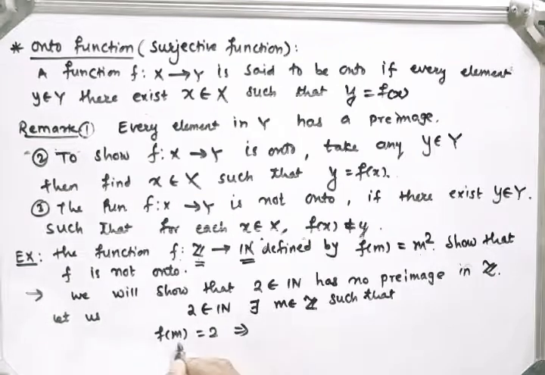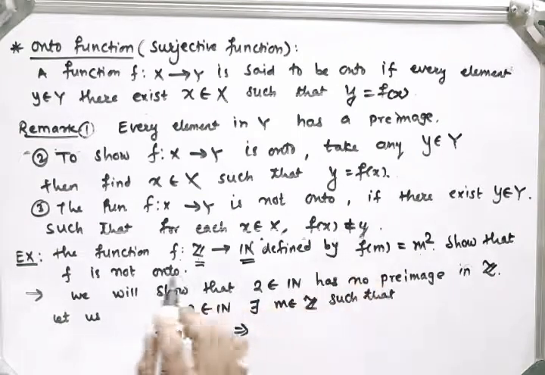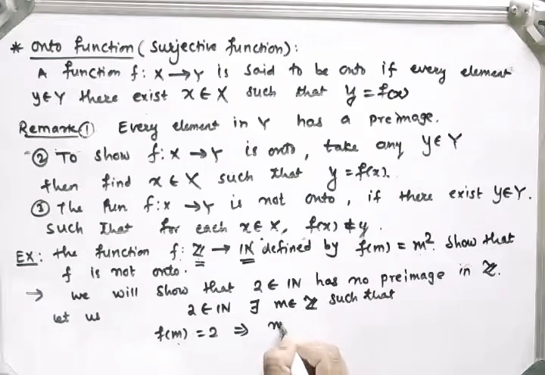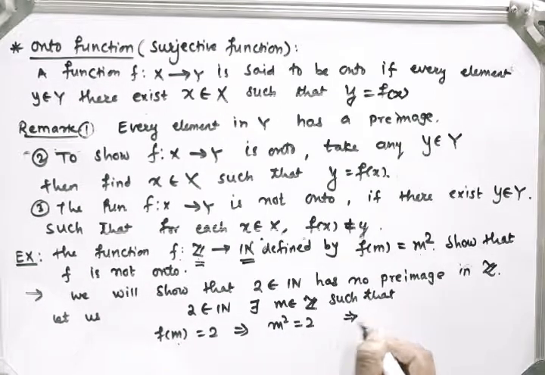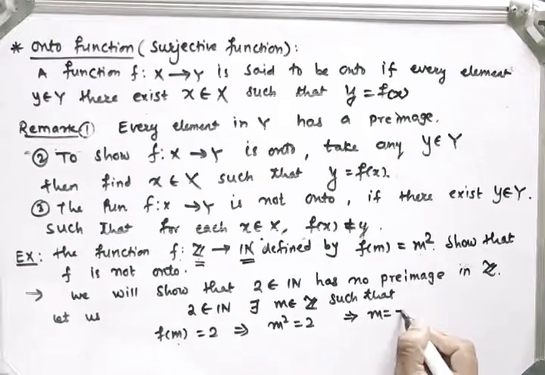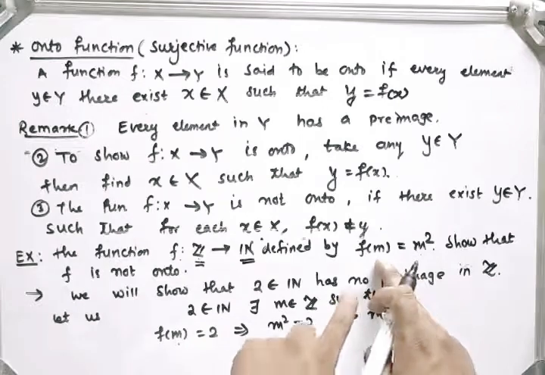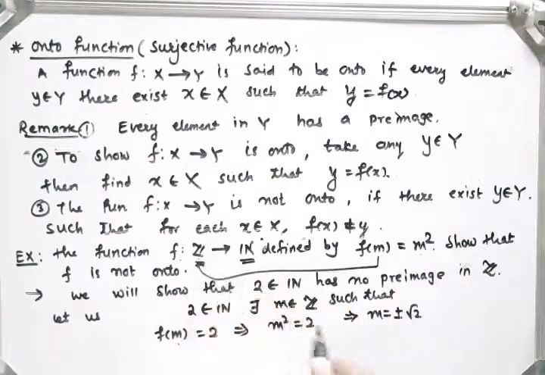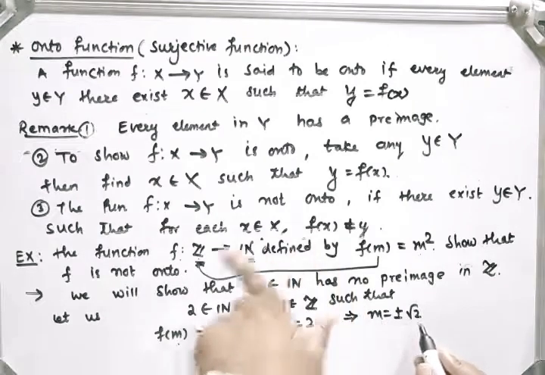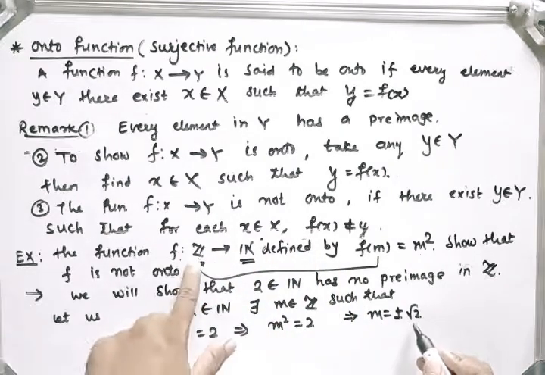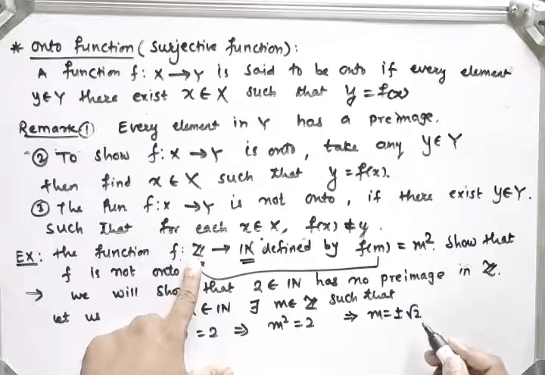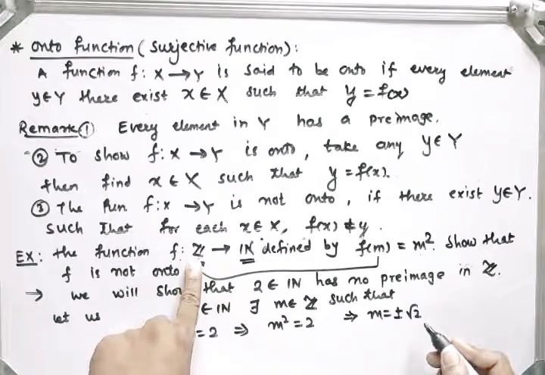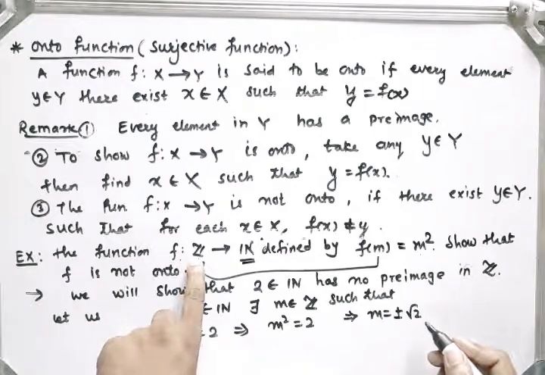So what is f of m? f of m is equal to m square, means m square is equal to 2. So what will be the value of m? m is equal to plus minus root 2. Here we have to take a value of m which is from the set of integers, but in the set of integers the numbers are only of the form 0, plus minus 1, plus minus 2, plus minus 3 and so on.